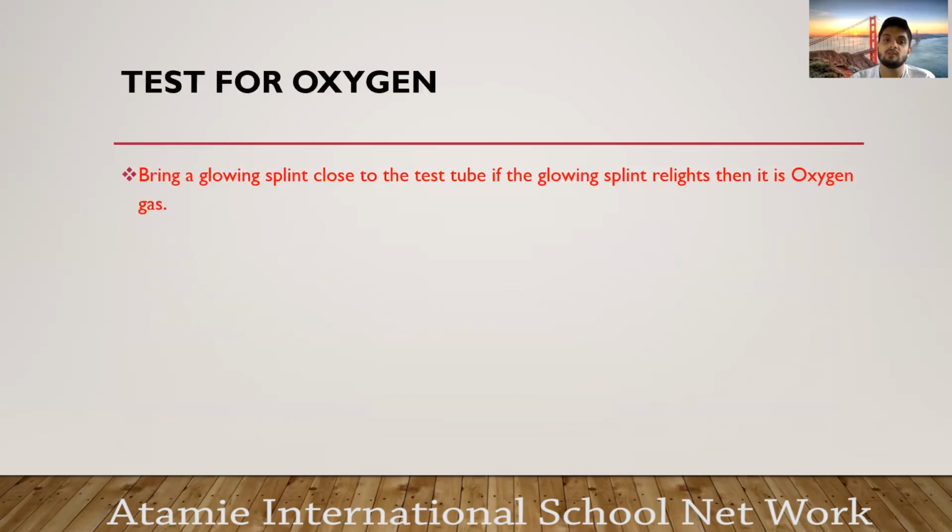For nitrogen, there is no test, unfortunately, or maybe I'm learning it in your syllabus, but we definitely have a test for oxygen. Now you can remember that we tested for hydrogen. You can say anything theoretically, but when it comes to practical, you want to validate it with some procedure.